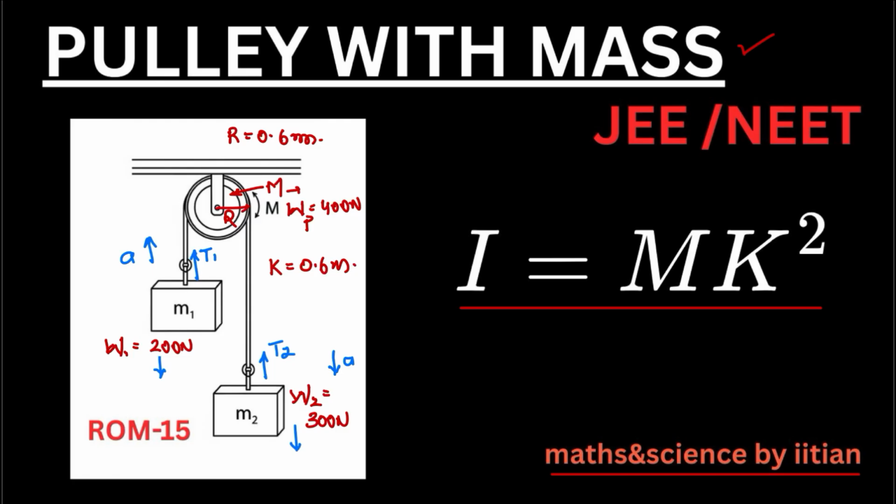You please go through how to point out the directions. Tension always acts away from the mass, away from the point under consideration. Because if it is towards the point under consideration, it is compression. If it is away from the point, it is tension.